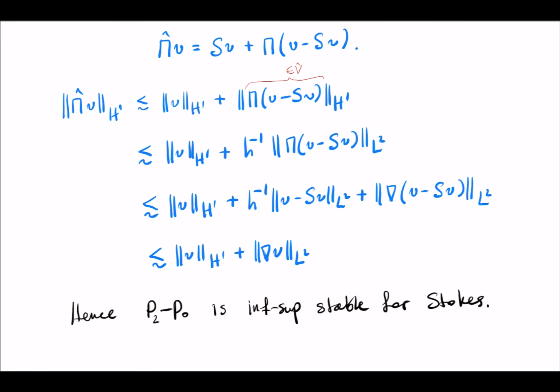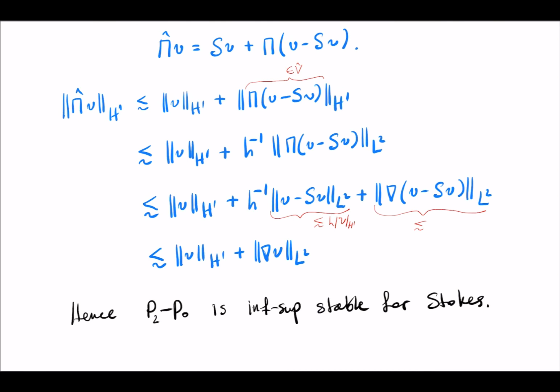Then we use the error bound on the Scott-Zhang projector. We know that this is bounded by h times the H1 semi-norm of v. So this h will cancel with the inverse power of h, and we will get that. For the third term, we will simply use the boundedness in H1.